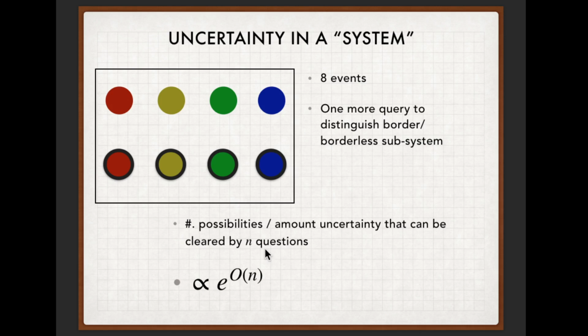So when the number of questions grows, the size of the uncertain system you can figure out grows exponentially, which is good news, which means we can use efficient encoding to carry a large amount of information. And that is the very significant breakthrough by Shannon, who did research back in the era of World War II.